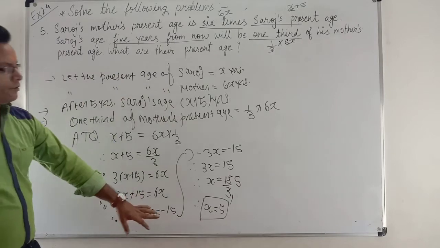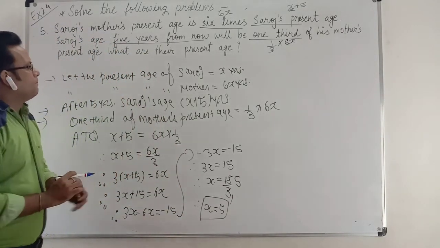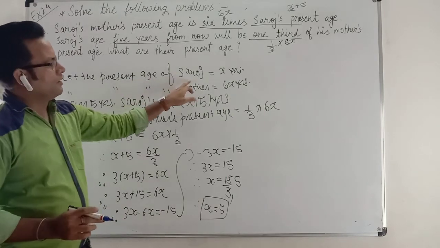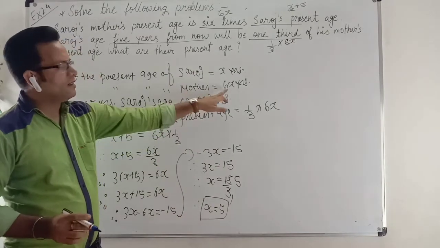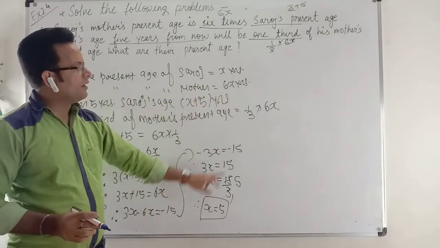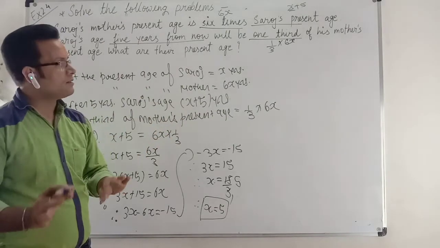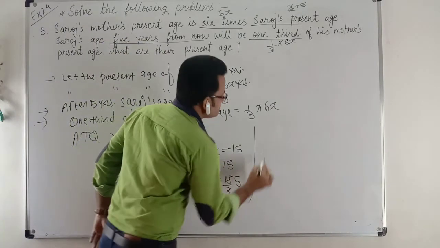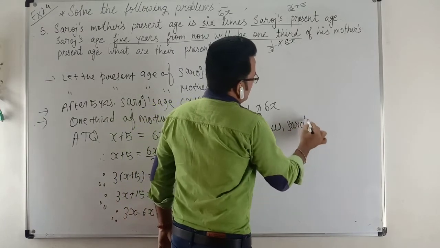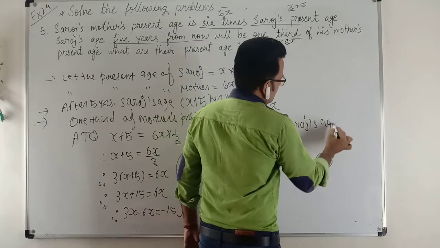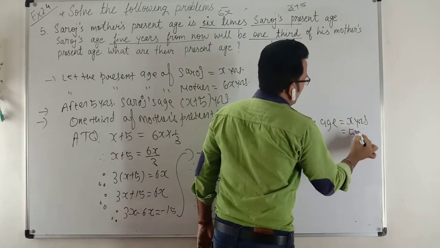Now, you have to substitute the value of x in the supposed equation. Okay. See, the present age of Saroj is x years. x means 5 years. And mother is 6x. So 6 into 5, 30. So daughter is 5 years and mother is 30 years. Thus, x years is equal to 5 years.